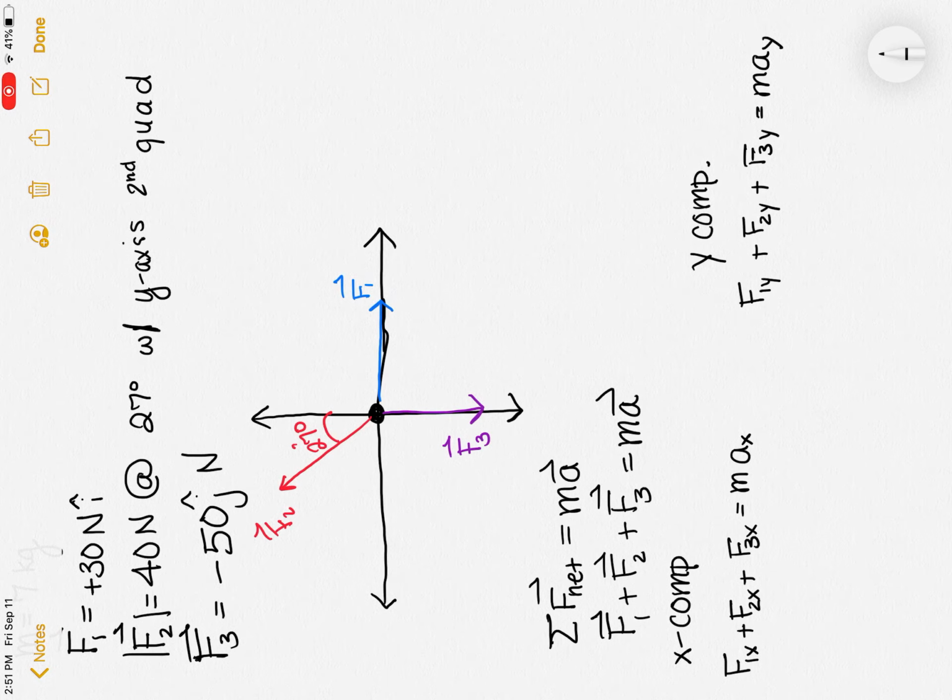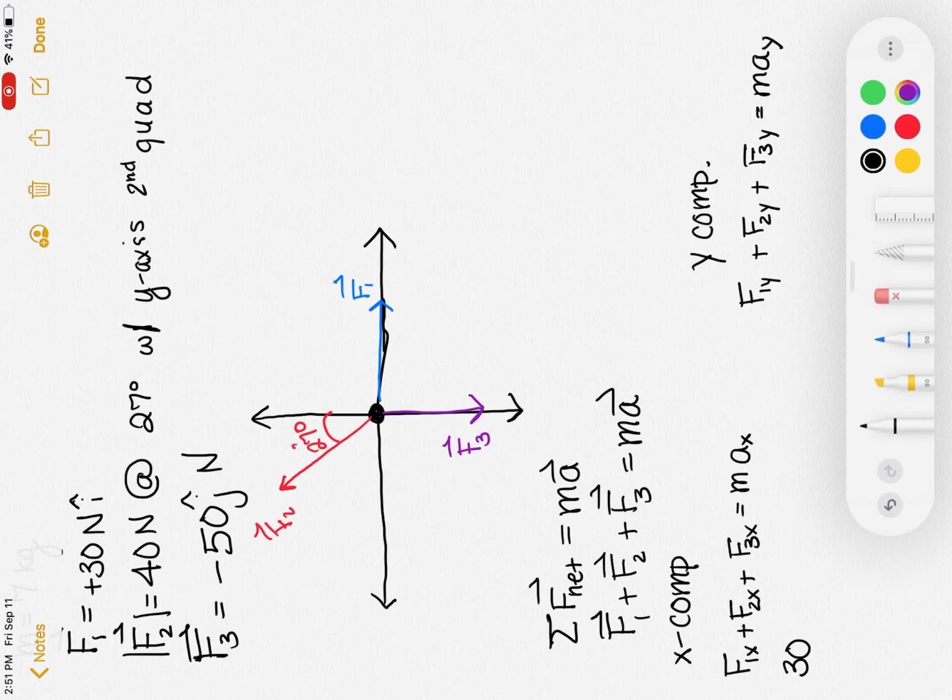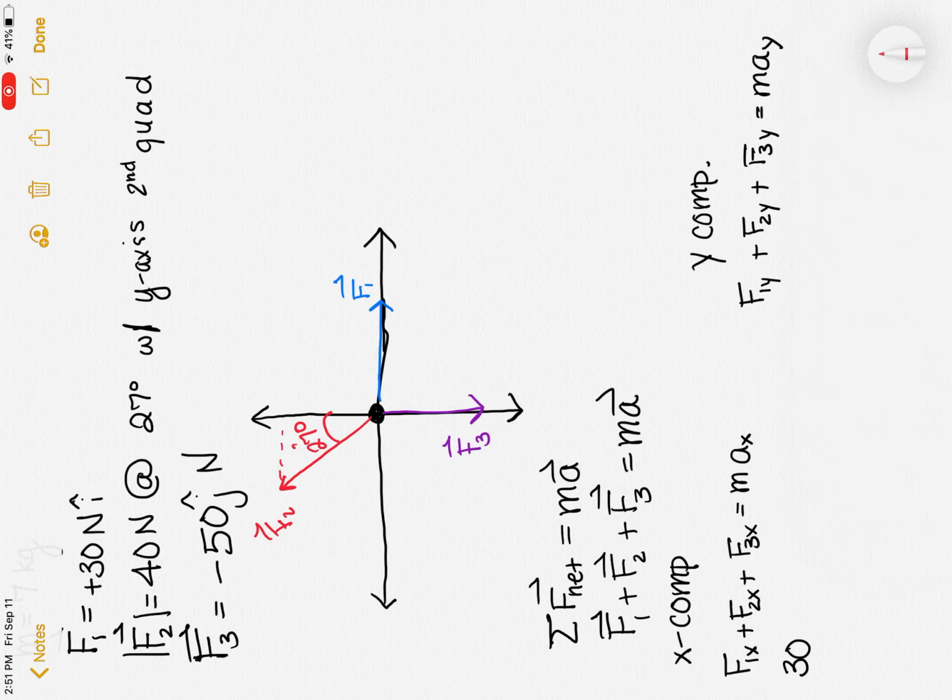So here I see that F1 has an x component of 30, since it's only in the i direction. But then for my force 2, I have to figure it out. So here I can see that F2x is going to be related to the sine of 27. So F2x is going to be 40 sine 27, since that leg for F2x is opposite of that 27-degree angle. And then F2y is going to be equal to 40 cosine 27 degrees.